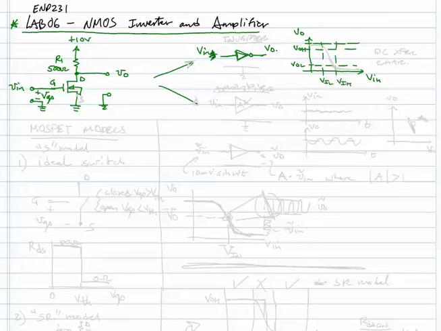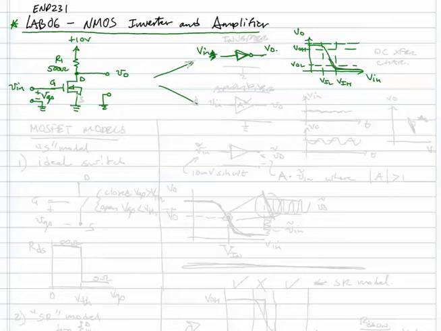We'll find that this has a characteristic that looks very much like an inverter. So when the input is below some threshold, the output will be high, and when the input is above some threshold, the output will be low.